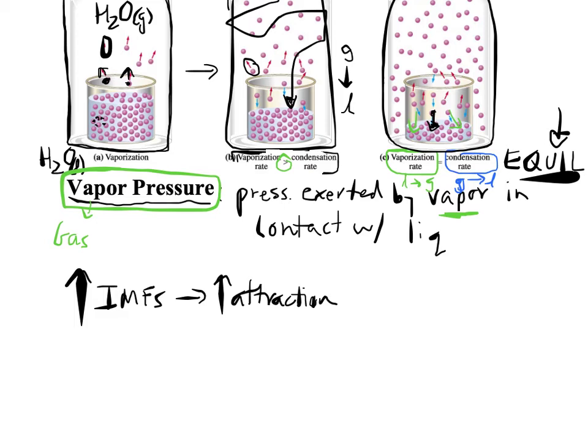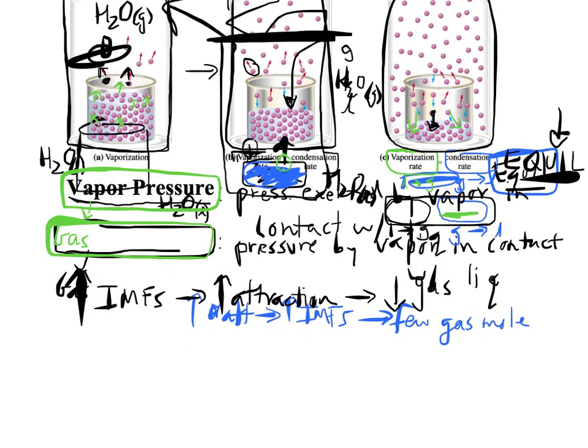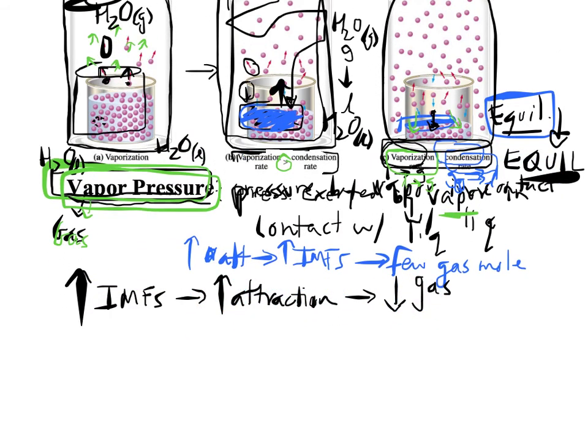If there's more attraction between molecules, that means the molecules are going to be held closer together. So there are going to be fewer molecules that turn from a liquid into a gas. Because the molecules are held together, they're more attracted to each other because of the increase in intermolecular forces. So they're not going to turn into a gas. They're not going to evaporate that fast.